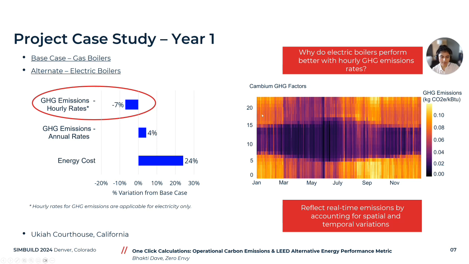This particular heat map has been developed using Cambium's hourly emission rates for the state of California. Now you can see that emissions are much lower during the daytime, let's say from 7 a.m. to 4 p.m. and in seasons of spring and summer. So overall, hourly rates allow for more precise estimation of greenhouse gas emissions by reflecting spatial and temporal variations, unlike the annual rates.